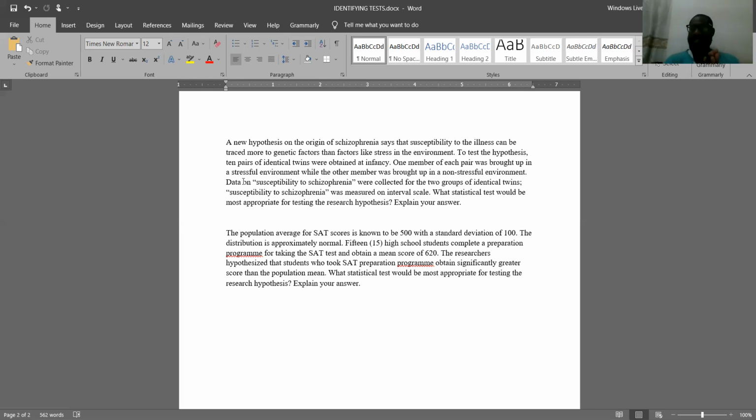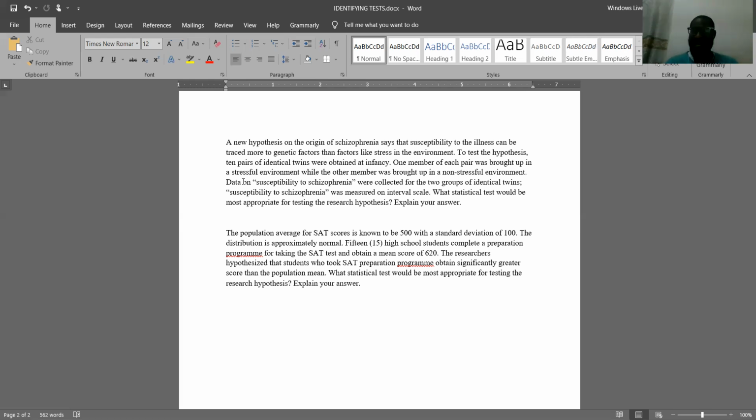So since they are identical twins and susceptibility to schizophrenia, which is the dependent variable, is on interval scale, then it means select a parametric test. And the best parametric test will be correlated t-test or dependent t-test, or sometimes also referred to as t-test for matched samples. So how do you explain this?